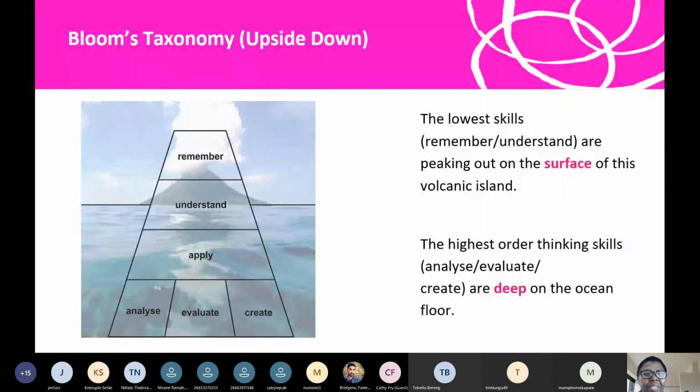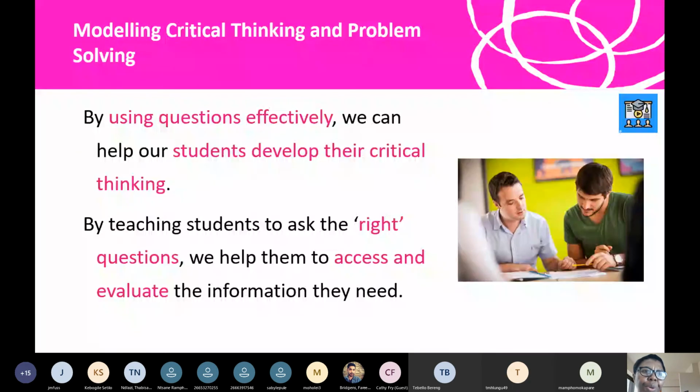It becomes very critical that as educators, we use questions effectively for the learners to understand and enjoy all the levels of Bloom's taxonomy, and for them to have those skills in those 4 quadrants.